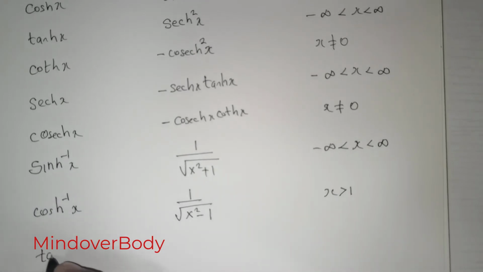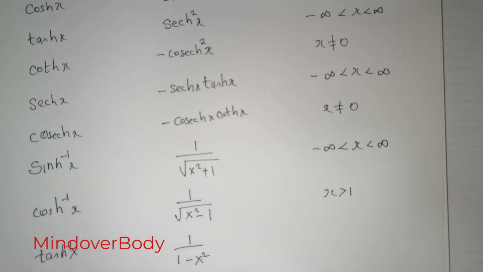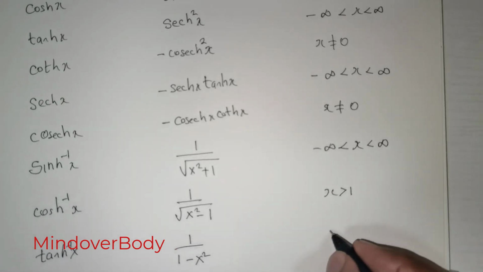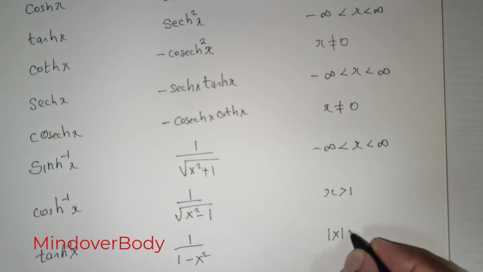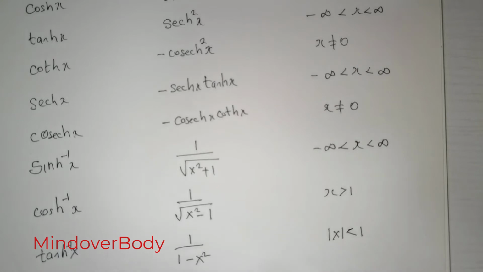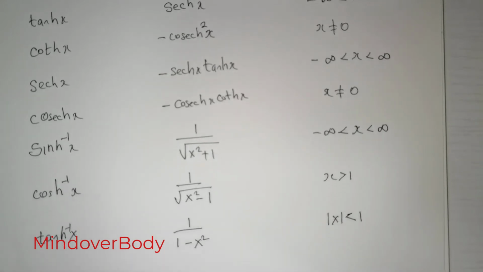After this comes tanh inverse of x, and its derivative is 1 over 1 minus x squared, very similar to our trigonometric tan inverse of x, which is 1 over 1 plus x squared. In this case it's negative, and the requirement is that modulus of x is less than 1. If it is greater than 1, it will become negative, right? So we want this quantity to be modulus of x less than 1.